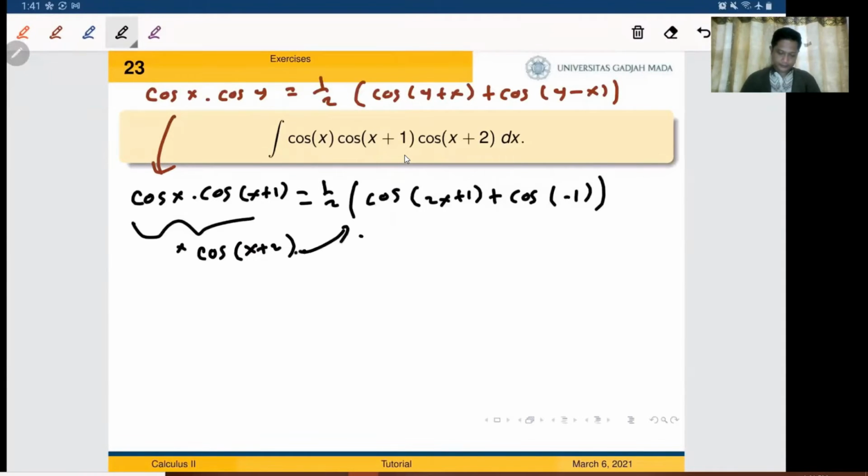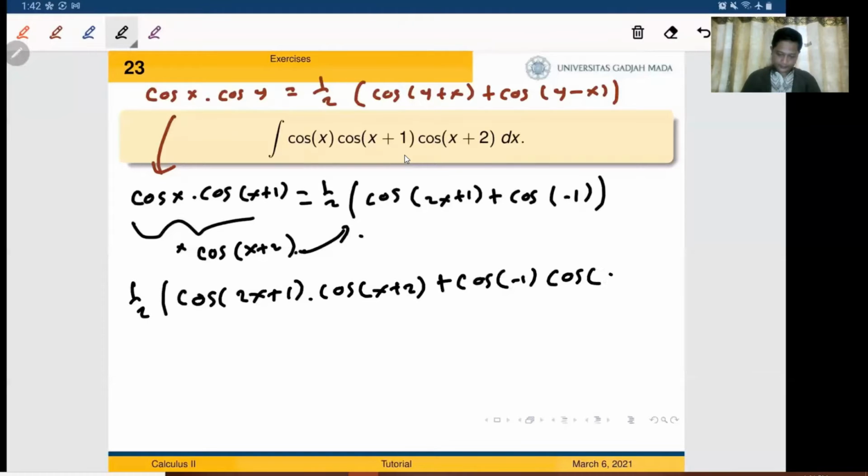Okay, I should write everything. We have half, cosine of x plus 1 times cosine of x plus 2. Very ugly. And then cosine of minus 1 times cosine of x plus 2, right?